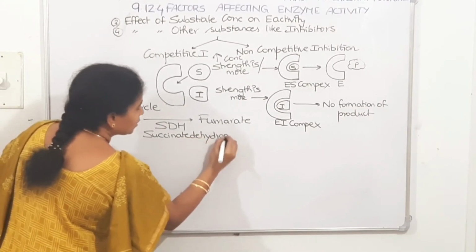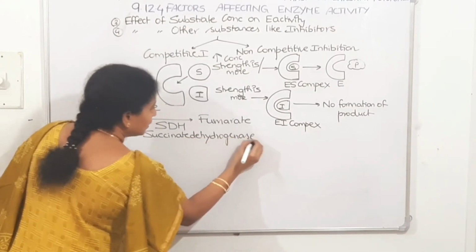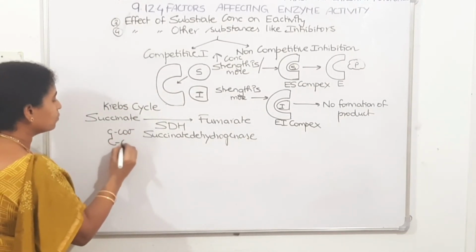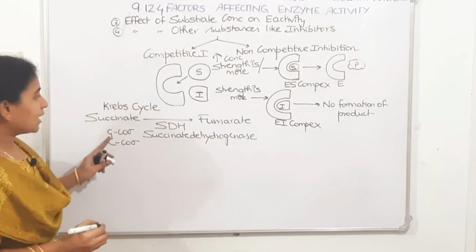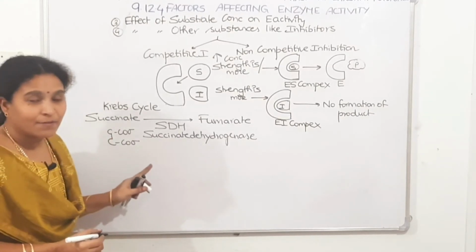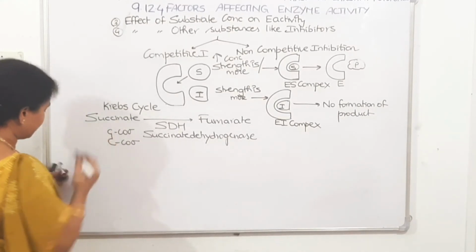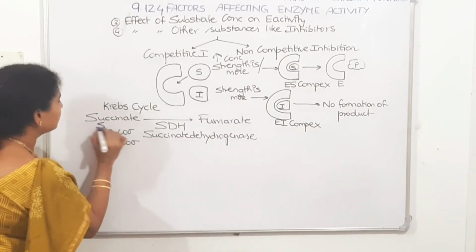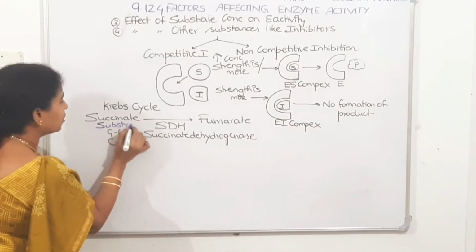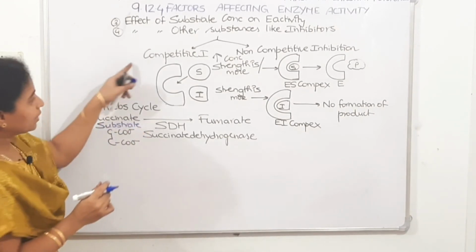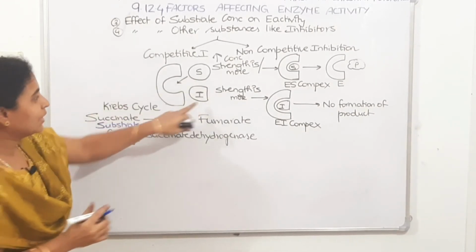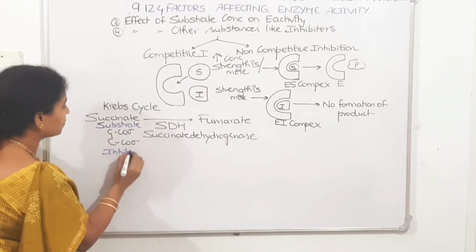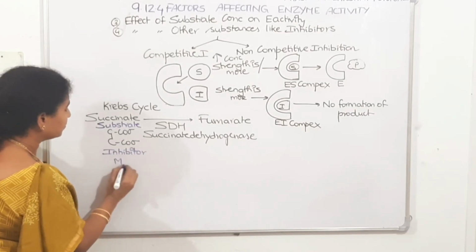Succinic acid is a 4-carbon compound having 2 carboxylic groups, which is the substrate molecule. We told that in competitive inhibition, the inhibitor should resemble the substrate. So, let us take the name of an inhibitor which resembles: malonate.